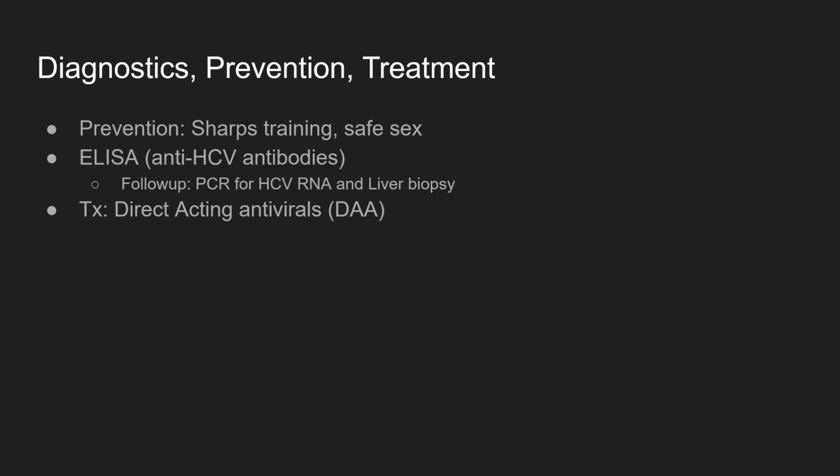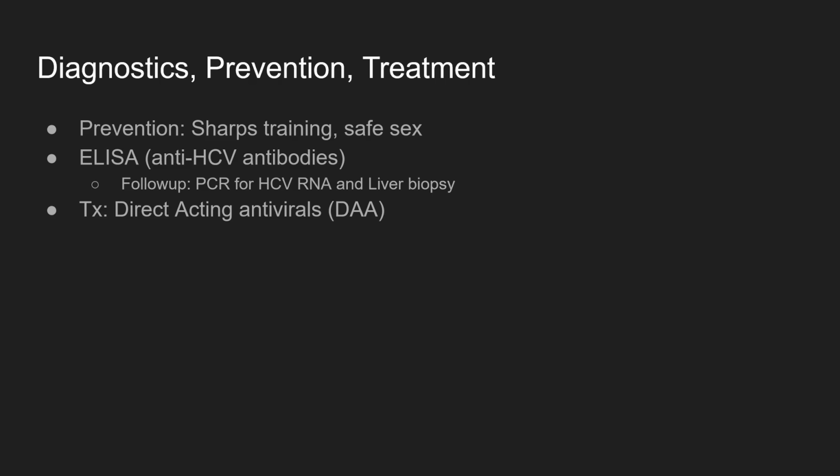To get a diagnosis of hepatitis C, you can do an ELISA, which is an assay to look at antibodies in the body to see if you have the anti-HCV antibody.